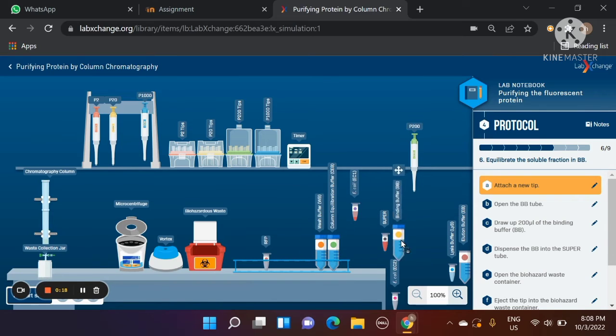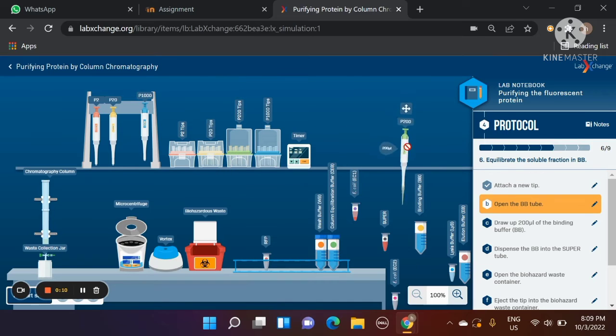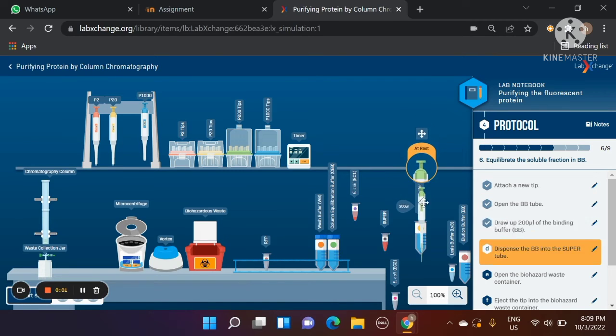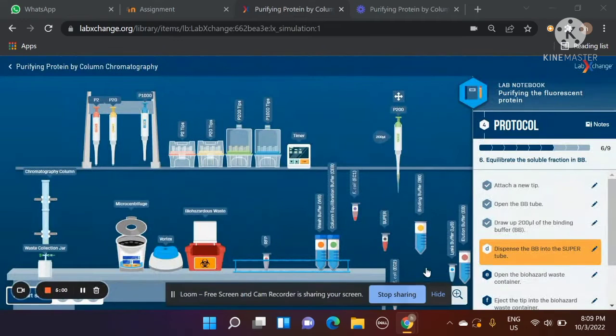Afterwards, we have to open the BB solution. Then we have to attach a new tip. Then draw about 200 microliters. And afterwards, we have to dispense the BB into the super tube.